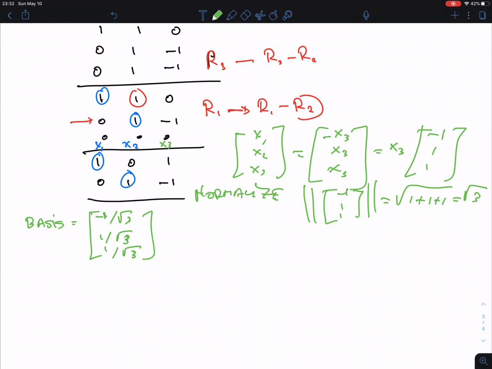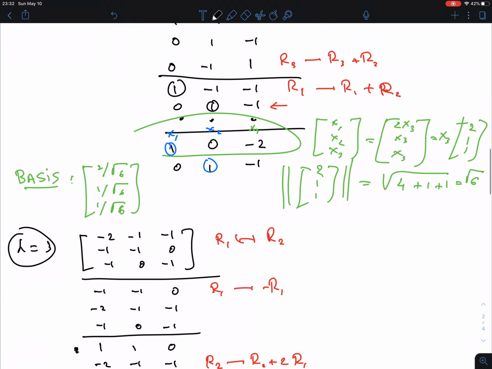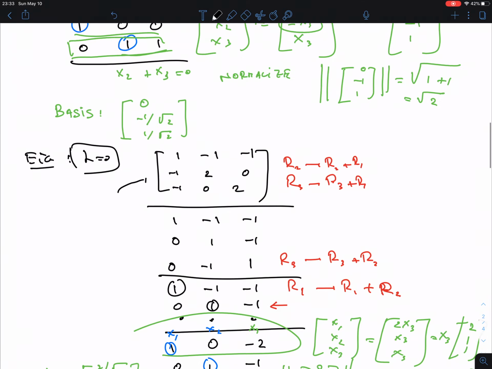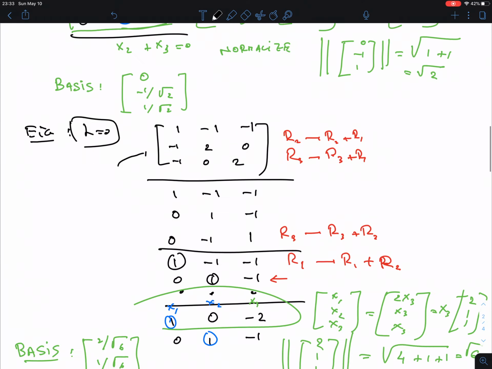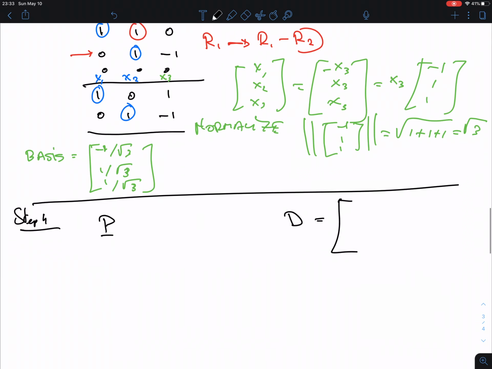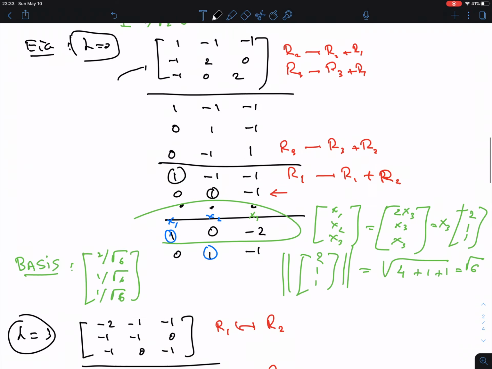Okay, and so we can now write down the answer. Step, I forget, lost count a little bit, step 4 or step 5. Step 4. I thought there were 5 steps, but for some reason I'm only at step 5. Okay, so what is P and what is D? We already decided that we're going to take the order 2, 0, 3, the 3 eigenvalues. And that means that P has to be the 3 basis vectors in that order.